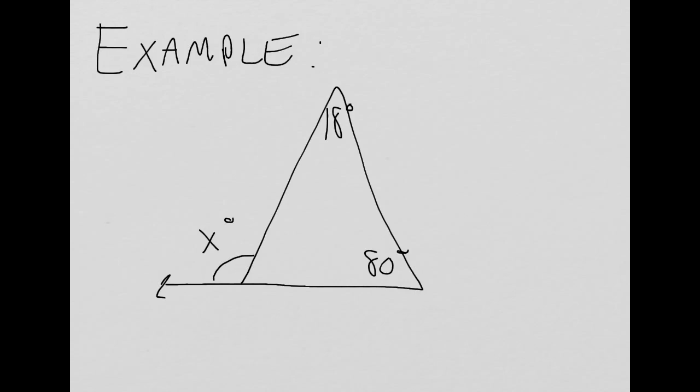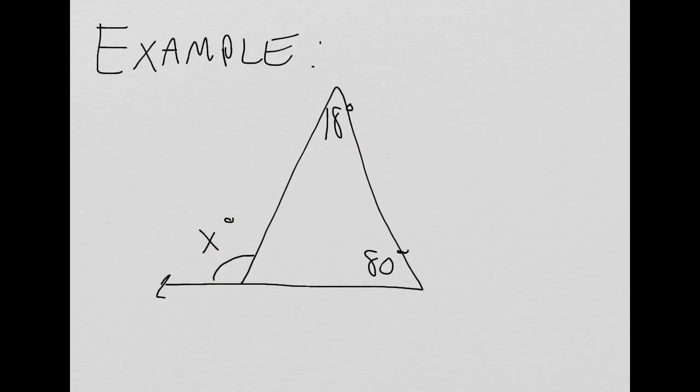So let's look at an example where we would use this in problem solving. So I'm given this triangle, and I have remote interior angles of measures 18 degrees and 80 degrees, and I'm asked to find the measure of my exterior angle here. So I'm asked to find x.